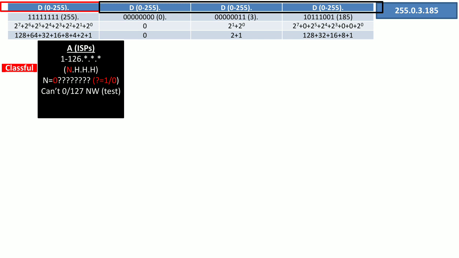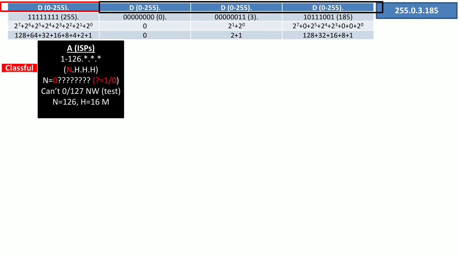It means that all 8 bits in the first octet cannot be 0 or all 1, because if these bits are all 1, then they make a value of 127, and this 127 network is used for network testing.